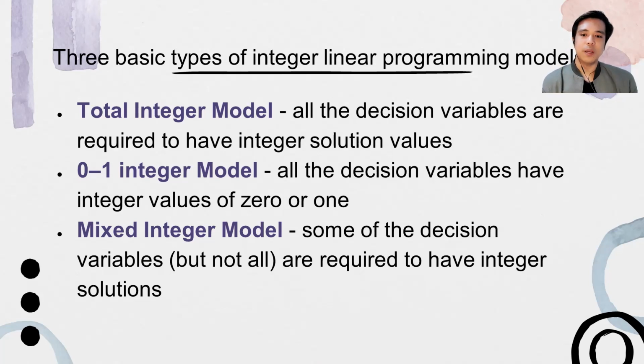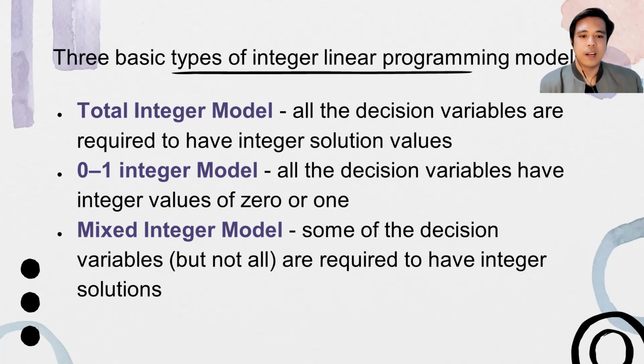Number two, we have the 0 to 1 integer model, where all the decision variables have integer values of either 0 or 1. And the third is the mixed integer model, where some of the decision variables, but not all, are required to have integer solutions. Meaning, it's a combination of integer and non-integer values.